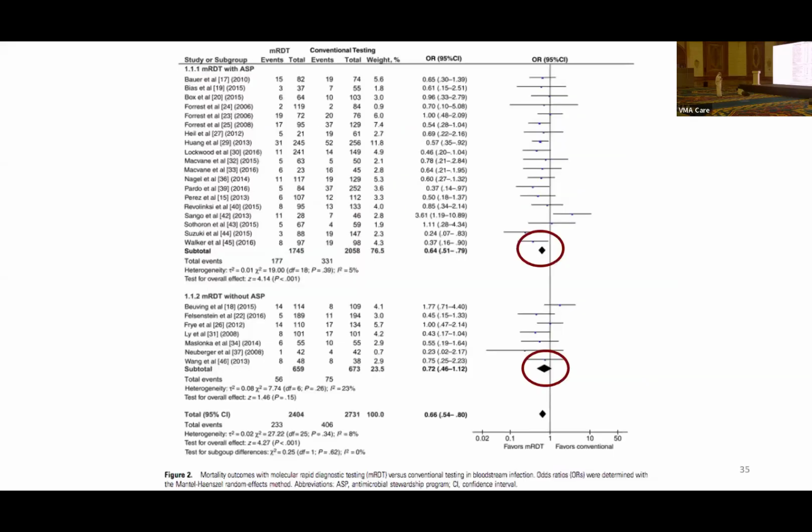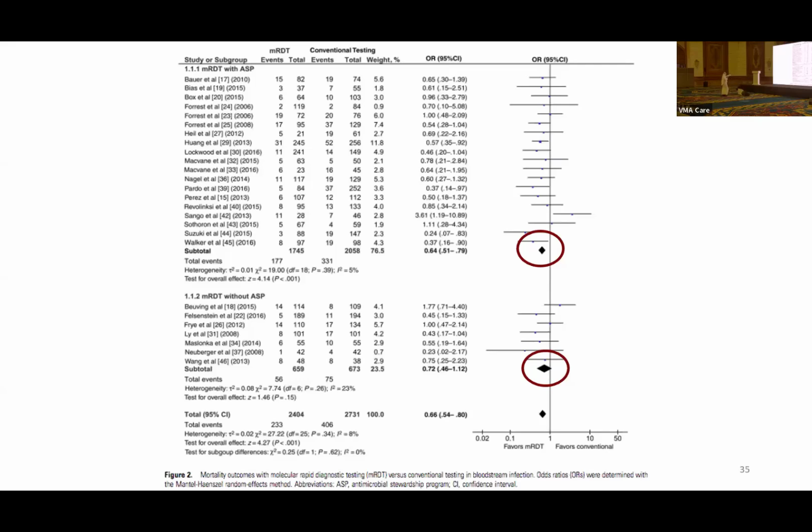They found a benefit of the rapid diagnostic test when combined with the ASP, and this is statistically significant in favor of the rapid diagnostic test, especially when you combine it with the ASP.